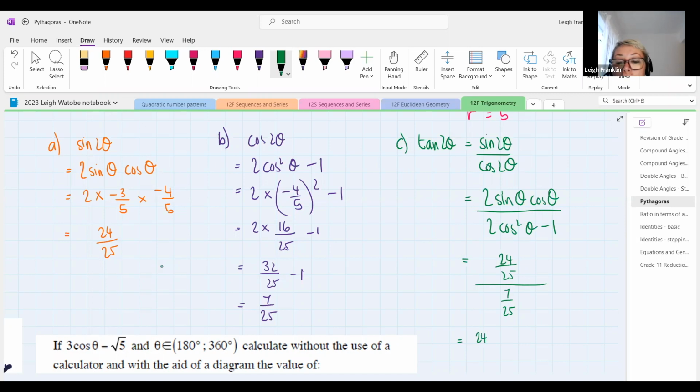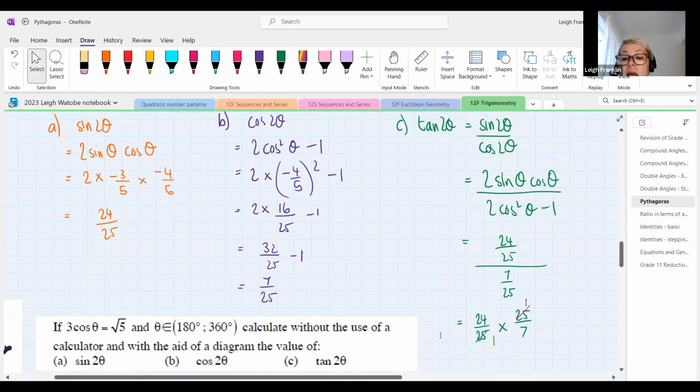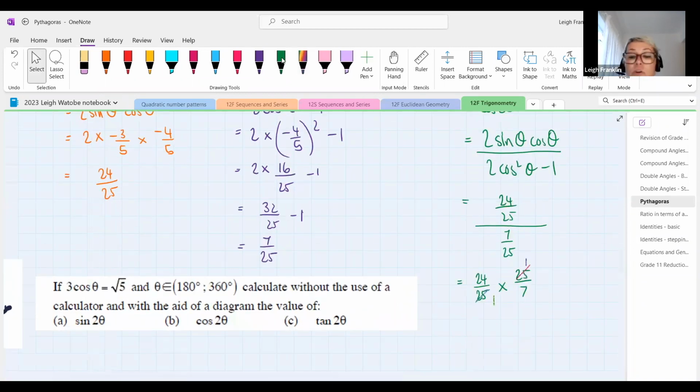So 24 over 25 stays as is. We change the divide to a times. We put the 25 at the top and the 7 at the bottom. Then 25 goes into itself once, and that leaves us with 24 over 7 as our final answer.